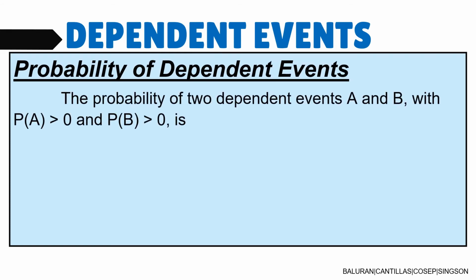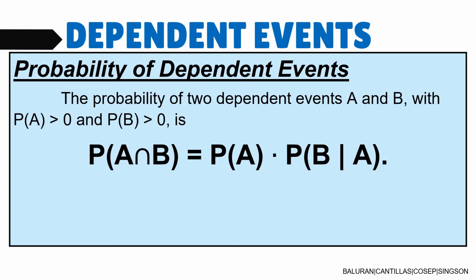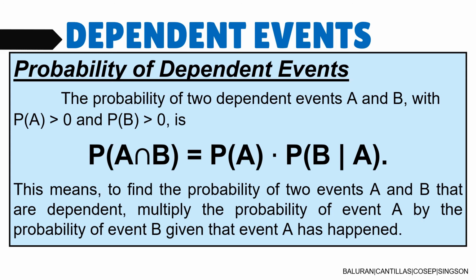The probability of two dependent events A and B, with the probability of A greater than 0 and the probability of B also greater than 0, is denoted as the probability of the intersection of event A and event B, which is equal to the product of the probability of A times the probability of B given that event A has happened.